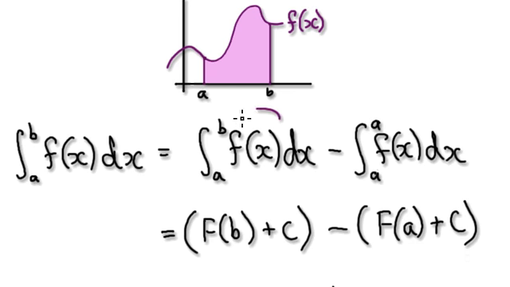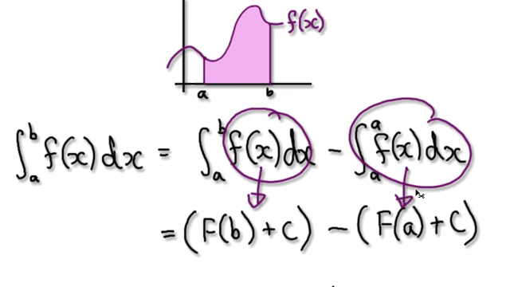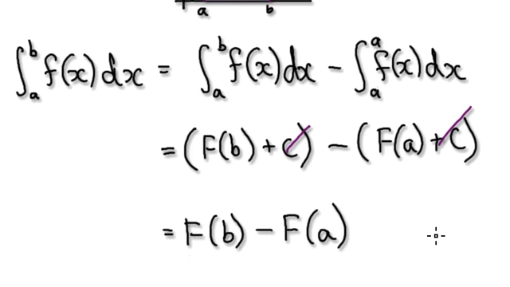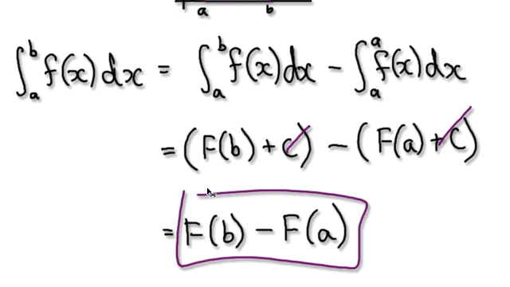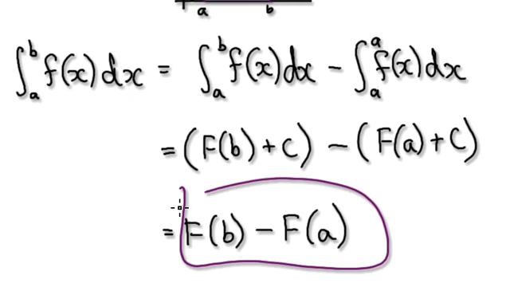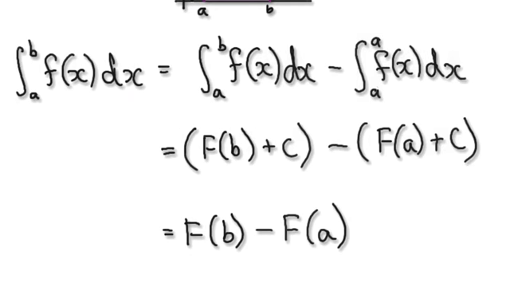From here that will take you to here, and then the two C's cancel each other out, giving you this. So when you want to evaluate this, it will become this. Okay, I hope you understand.